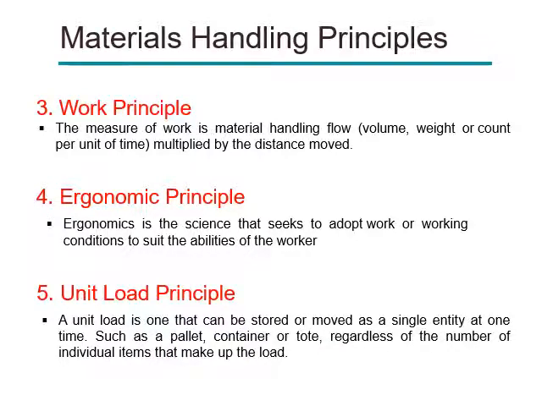And in material handling, this unit load is very important. You should identify the unit load correctly and suitably, because the decision on unit load may increase the total number of material handling moves and cost, etc. So this unit load principle considers this aspect of material handling.